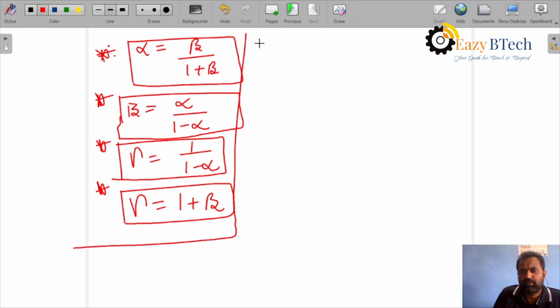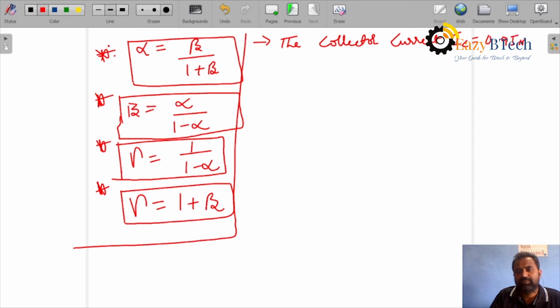Suppose the problem may be like this. The collector current IC is equal to 0.95 milliamperes.